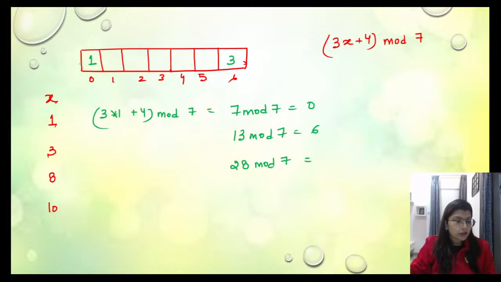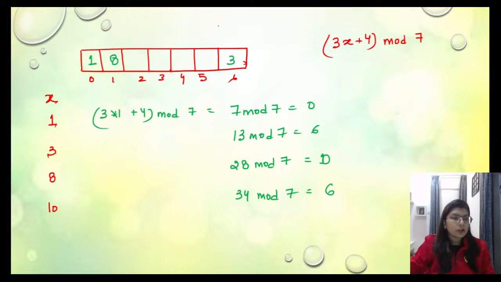So it should come at 0, but 0 is already occupied. So it will go to place 1. And then we have 10. So 34 mod 7 will give you 6 as a remainder.